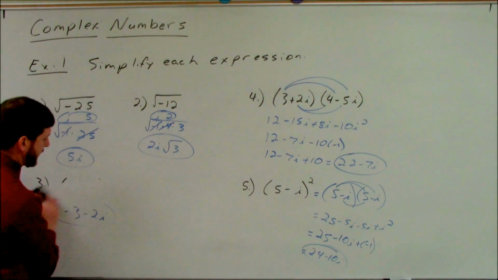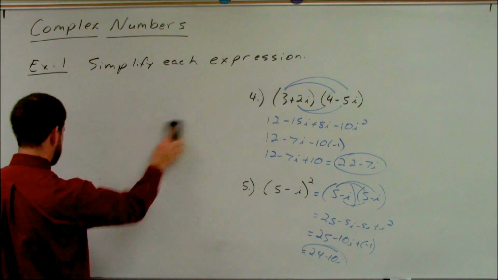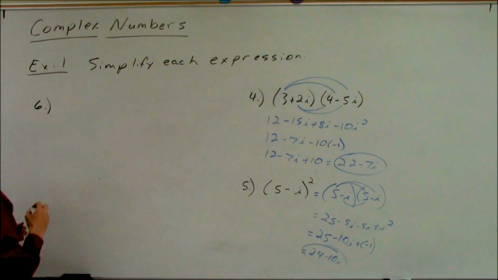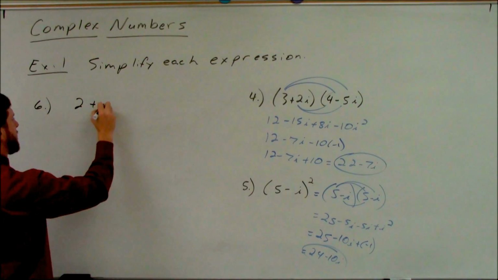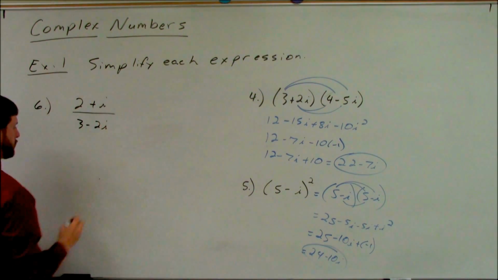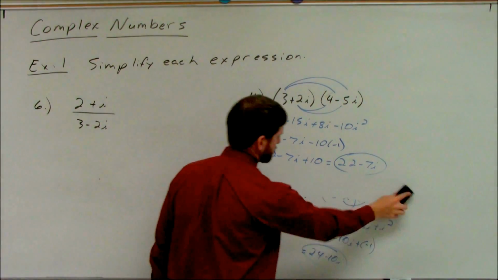Let's say that I had a division problem involving complex numbers. So we'll go with 2 plus i over 3 minus 2i.